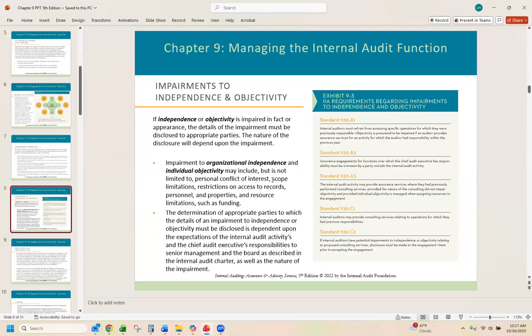A scope limitation is typically when you can't do something, either because the location or whatever won't let you perform some kind of work. Since we're talking about the individual auditors, it may be that the person themselves can't or won't do the work.